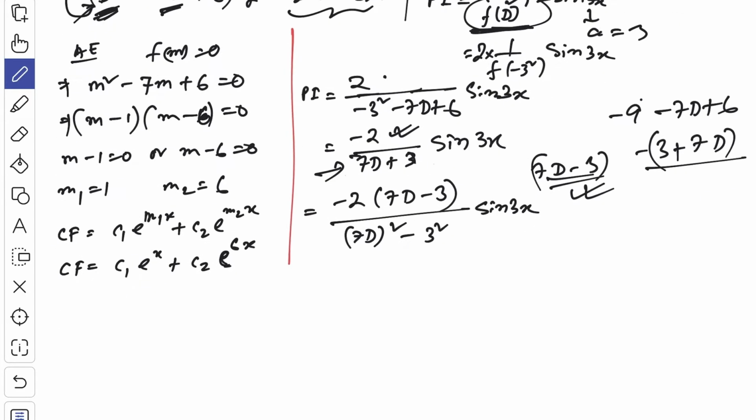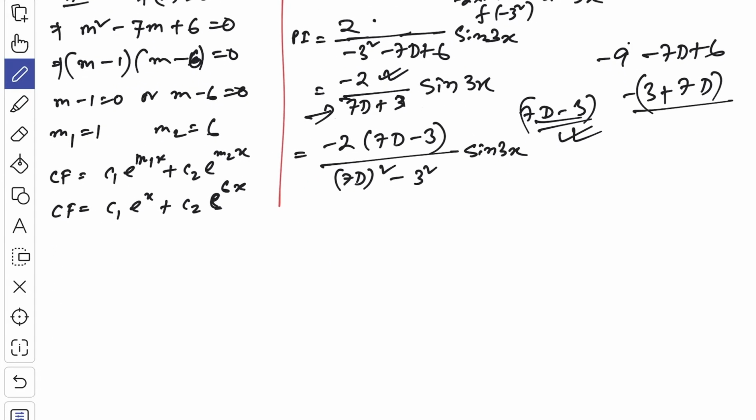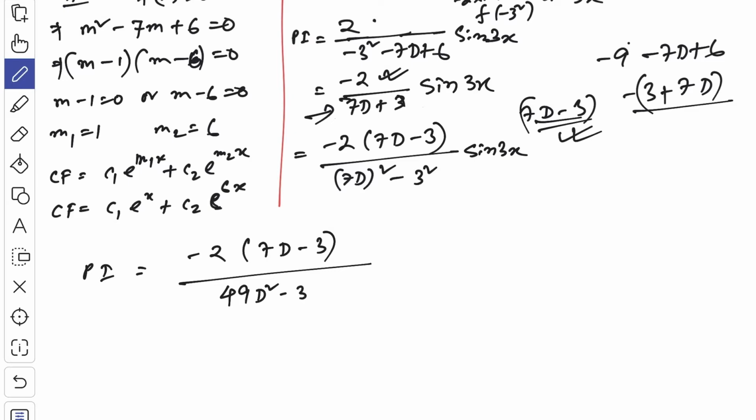So now let me scroll down the page. So here you see our PI will be minus 2 into 7d minus 3 by here 49 d square minus 3 square is nothing but 9. So sine thrice x.